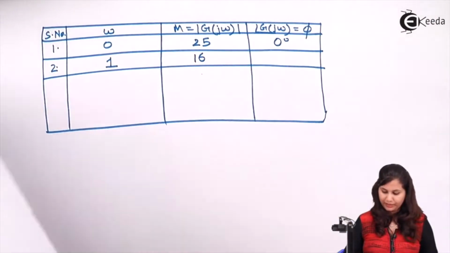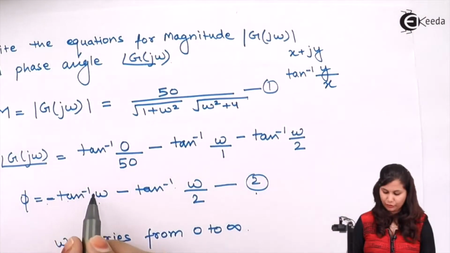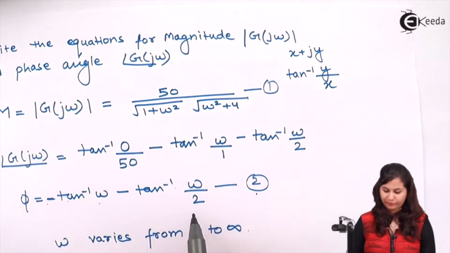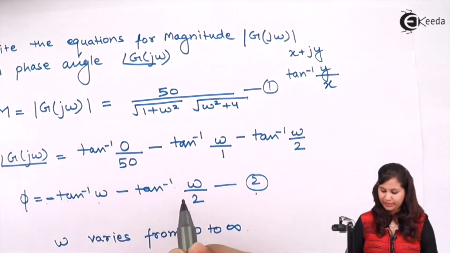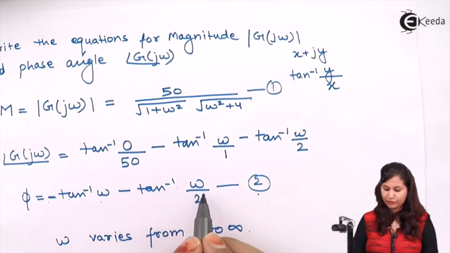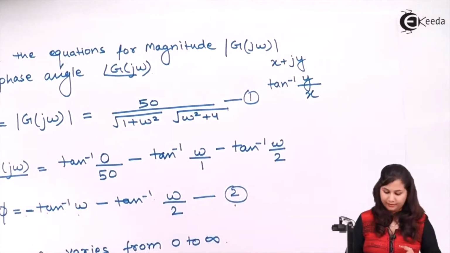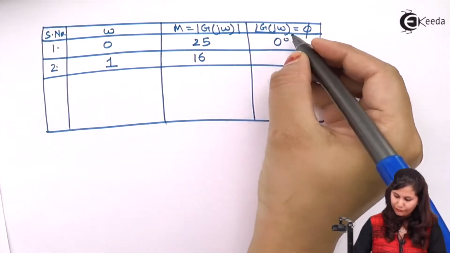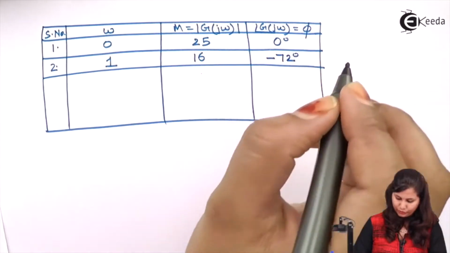Putting omega equals 1 in the second equation, that is minus tan inverse of 1 minus tan inverse of 1 by 2. Tan inverse of 1 is 45 degrees, and tan inverse of 0.5, that is 1 by 2, is about 27 degrees. So we will get the value of phi as minus 72 degrees.